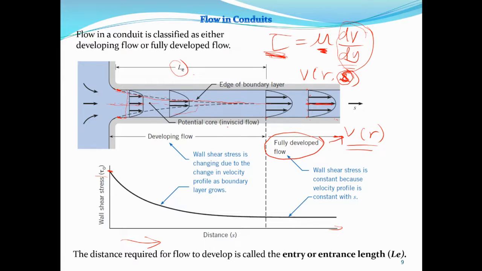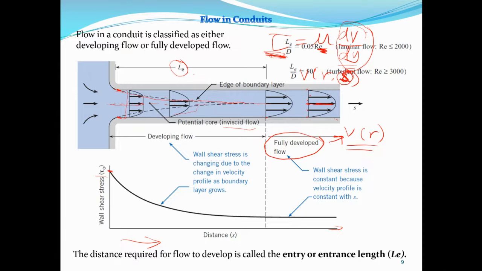And this is the potential curve for inviscid flow, where the flow is not affected by viscous forces. Or we can call it also irrotational flow area. We'll explain more with the subsequent figure as well. And we will formulate how to find the entrance length for laminar flow and for turbulent flow.